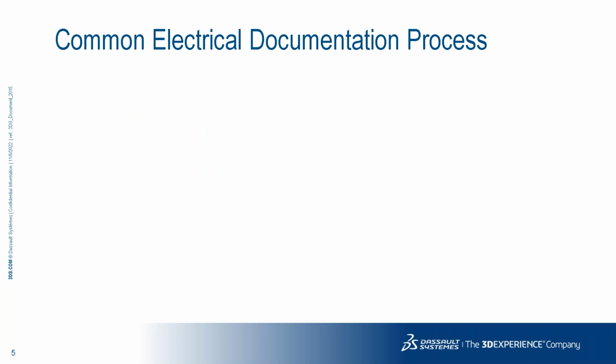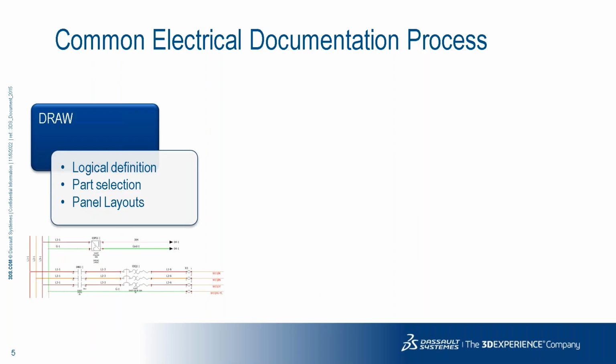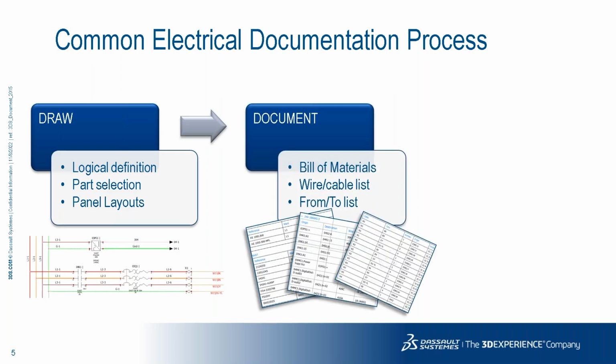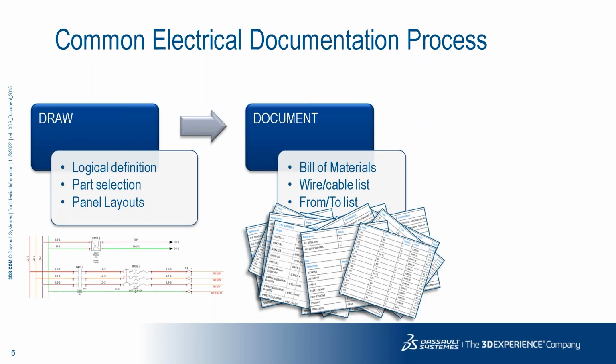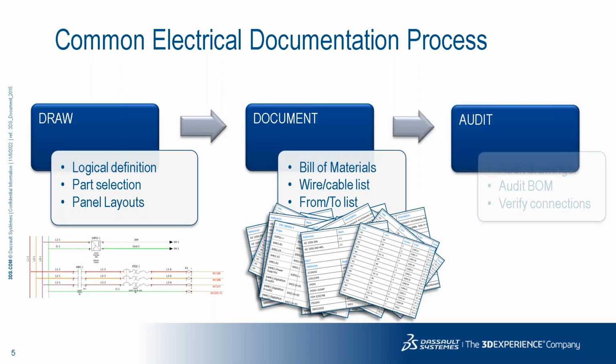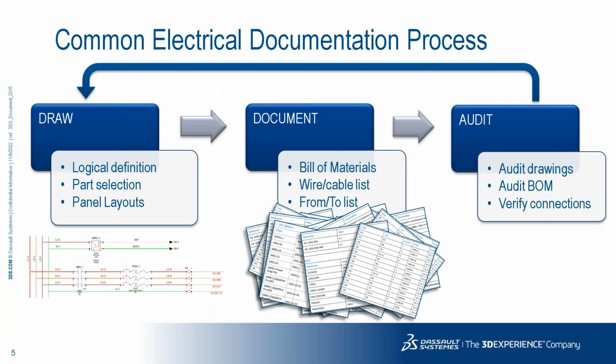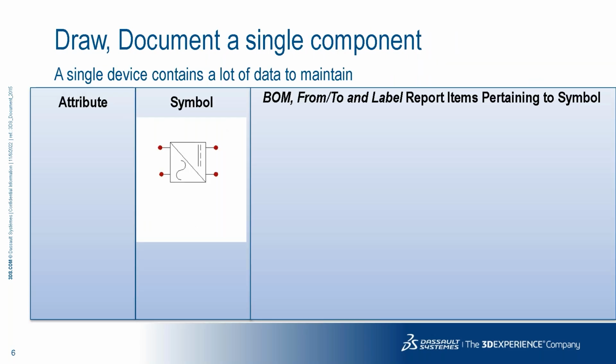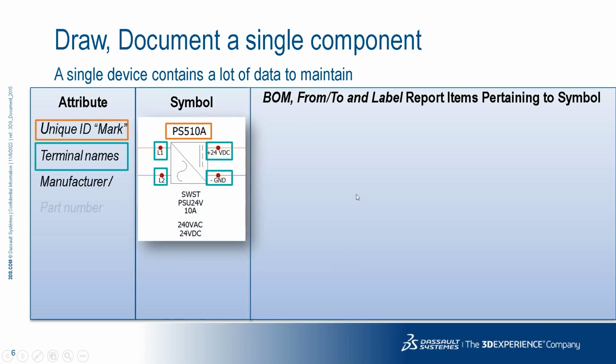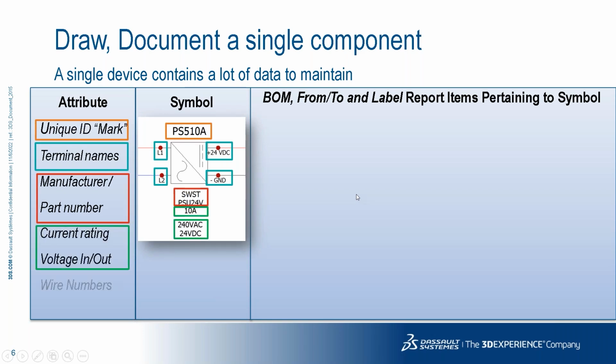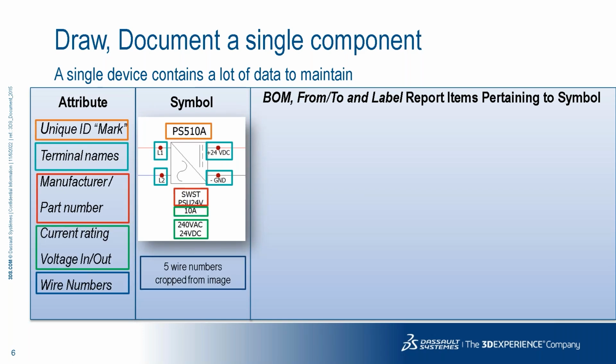So as we see the documentation process for schematics is you draw a logical definition, you select your parts, and you do your layouts. And then maybe in a separate spreadsheet, you do a bill of materials, a wire to-from list, a cable list. And then you have to audit it and make sure it's all correct. Each component has a lot of data to maintain, like unique IDs, terminal names, manufactured part numbers, all the rest of the gamut.